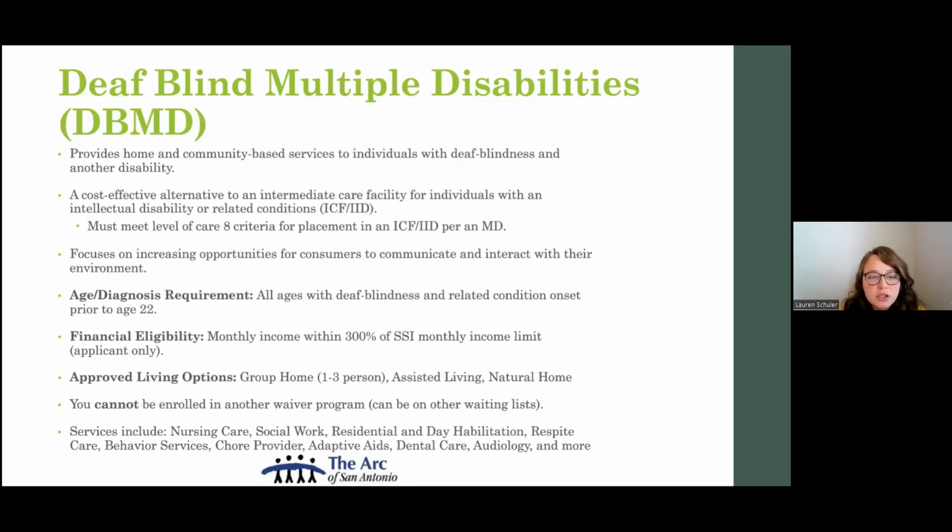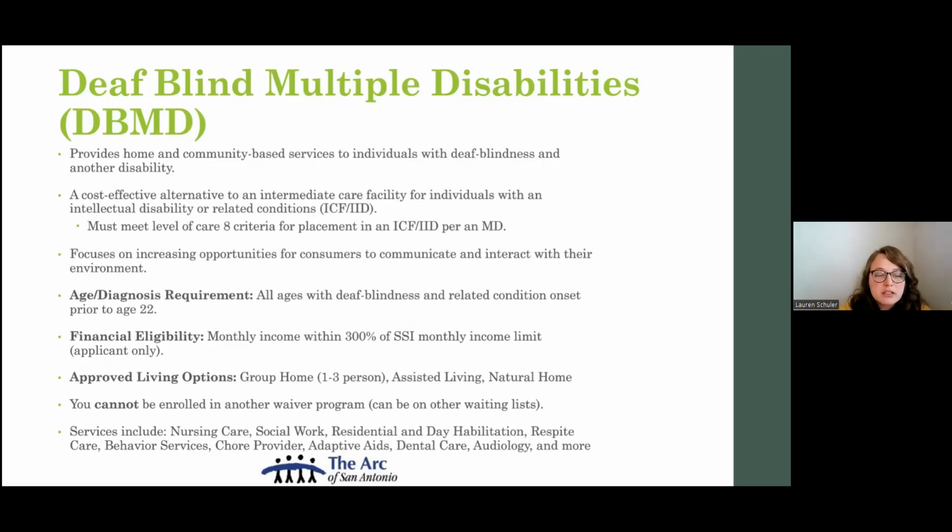Again, no age limit. You just have to have a related condition onset prior to age 22, and obviously have deafblindness as well. Financial eligibility is the same, monthly income within 300% of SSI limit. And the living options here are a little bit more lenient. You can do a 1 to 3 person group home, sort of an assisted living situation, or you can live in your natural home.